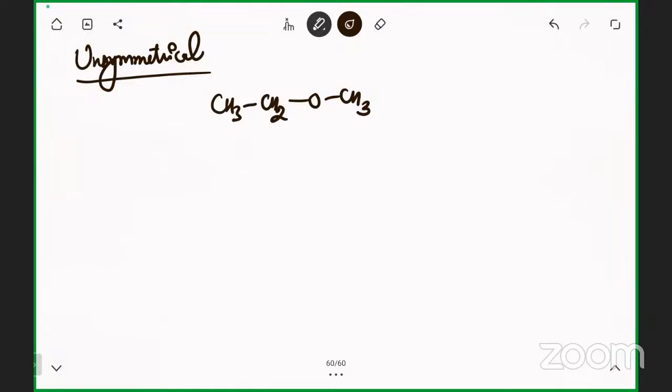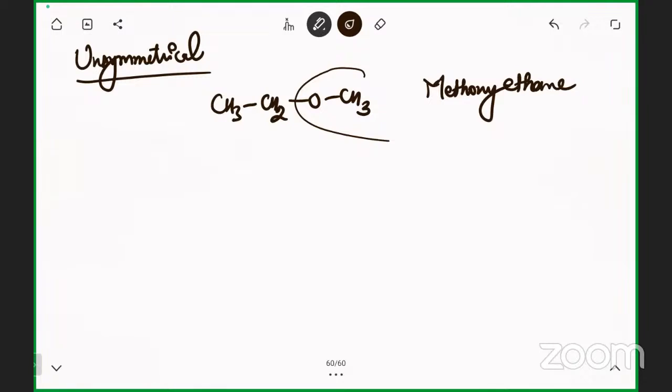Speak. Methanoxy ethane. Again, you are saying methanoxy. See, N will not be there. It's methoxy ethane. You have to take O with that side which has the lesser number of carbons. So this side has fewer carbons, so its name will be methoxyethane.